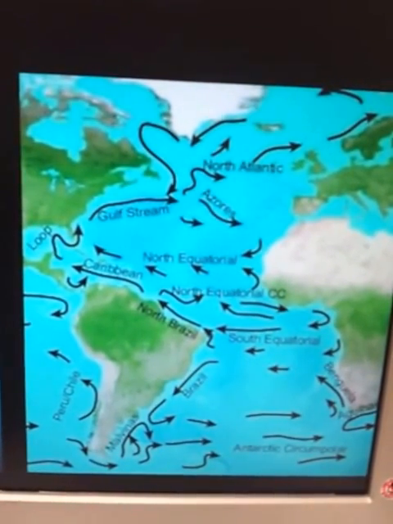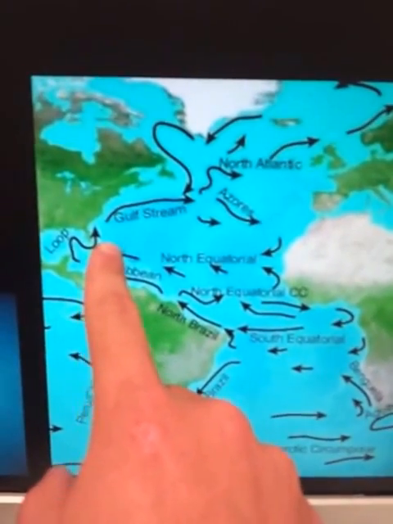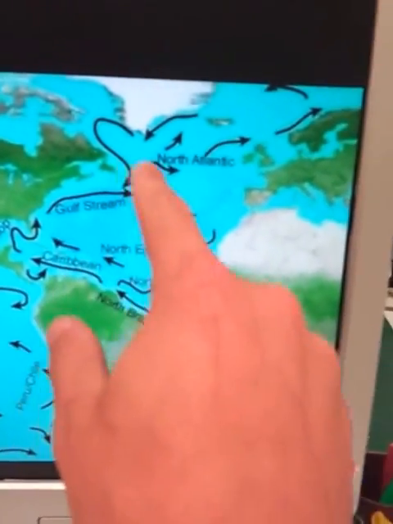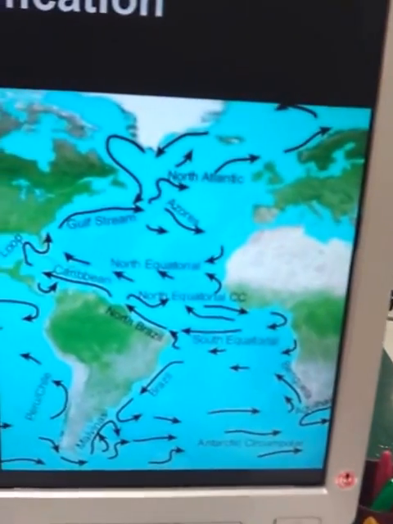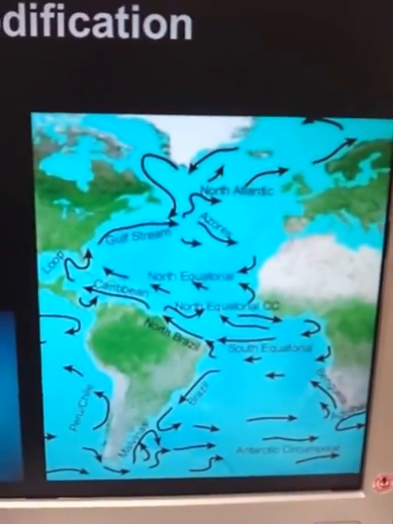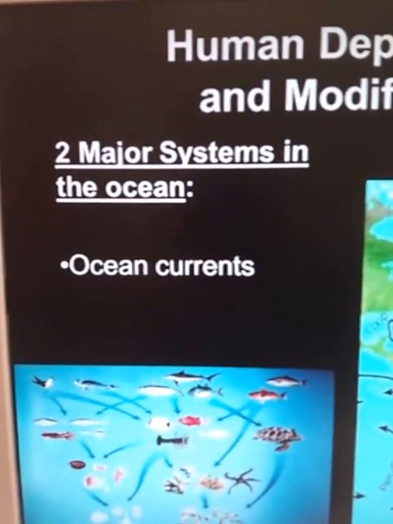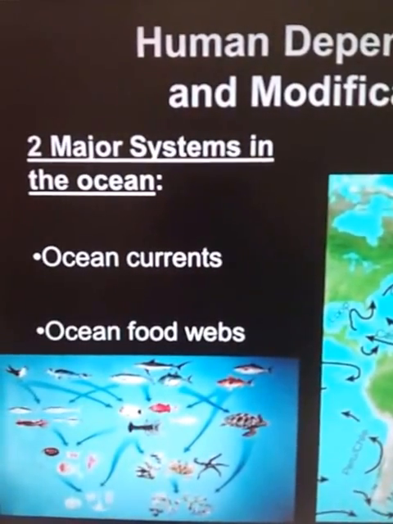It's not just a local thing, it's a global thing. When we had the BP oil spill in the Gulf, look where that goes. It goes all over the place. So all of our interactions do affect more than one area. Two major systems in the ocean: we've got ocean currents, like we just discussed, and we've got ocean food webs.